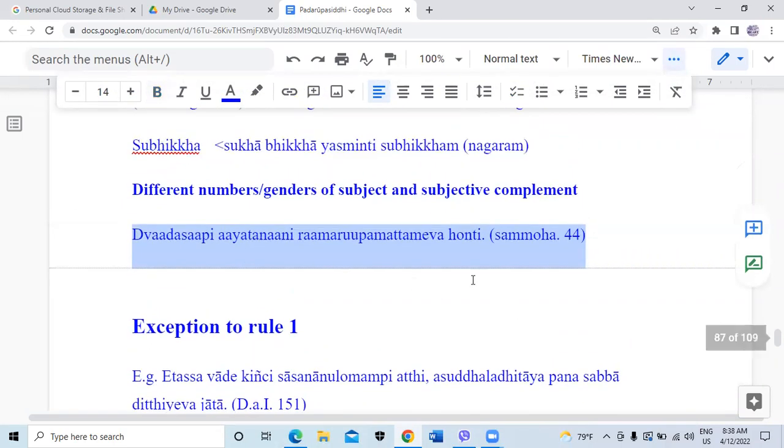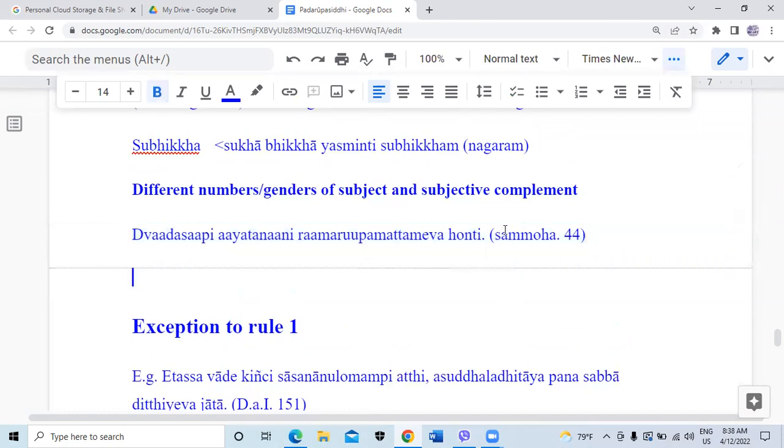So let's see this example. If the verb is hundi, it's plural. The subject is Ayaranani, plural neuter gender. So this hundi, like hoti and bhavati, mostly has two subjects.